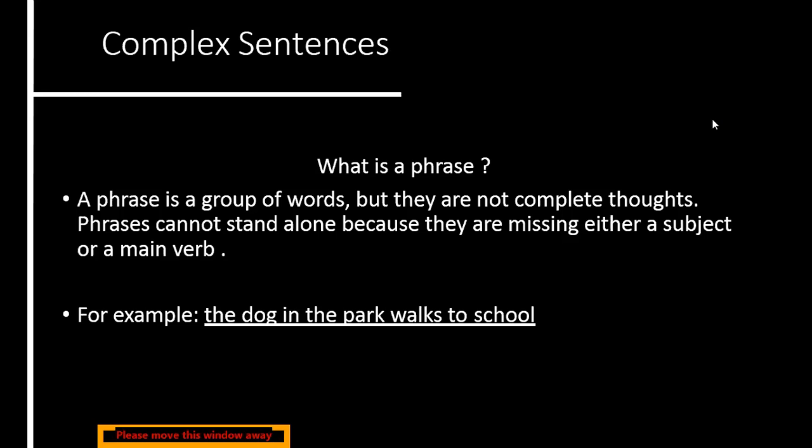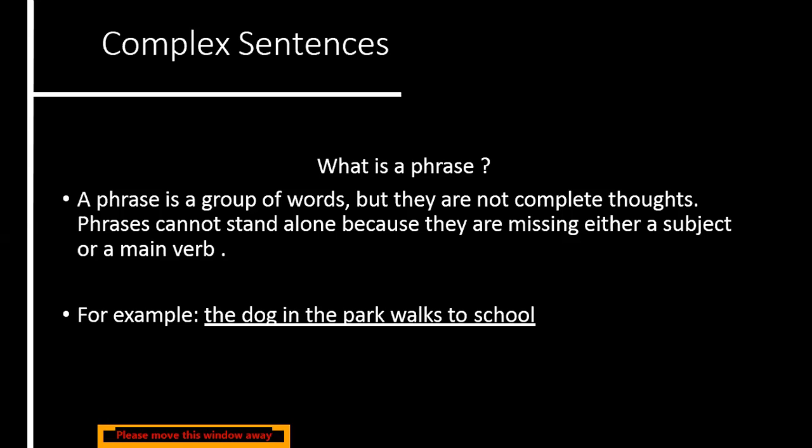Okay, Yasmin, you're online now. Give me a sample phrase. The child was at home and walks to school. Again. The child was at home and walks to school. Is this a phrase or a complete sentence, my dear?